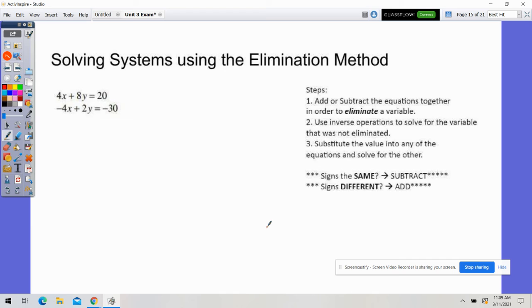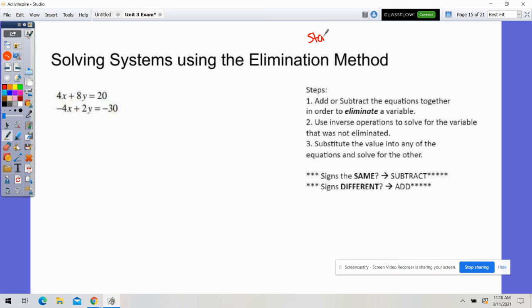Solving systems using the elimination method. Here we have 2 equations written right on top of each other, right? Both of these equations are in standard form, okay? That's when you want to use the elimination method.